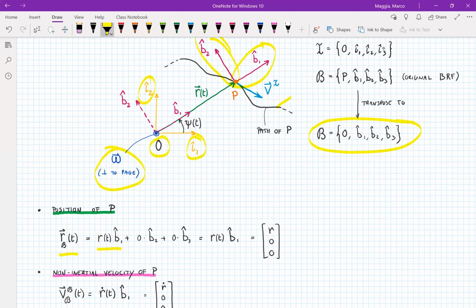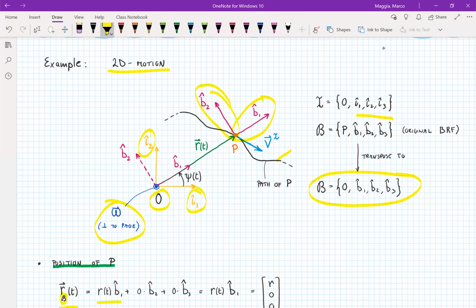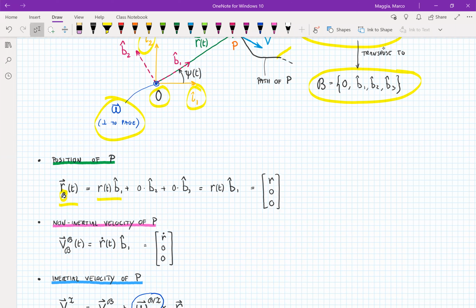Once again, here we are referring to the body frame of reference centered in O. So even if it's centered somewhere else, what you do is just shift it, because in the original body frame, the position of P relative to the original B centered in P would be simply 0. But now, once we transpose the body frame of reference to the origin O, the position of P with respect to O is R. In which direction? Well, in direction B1.